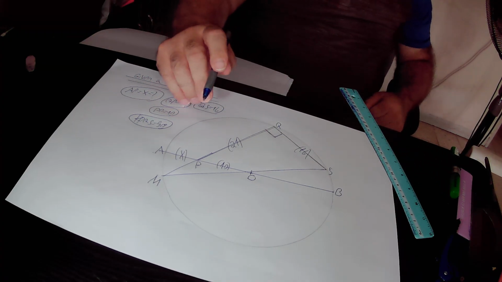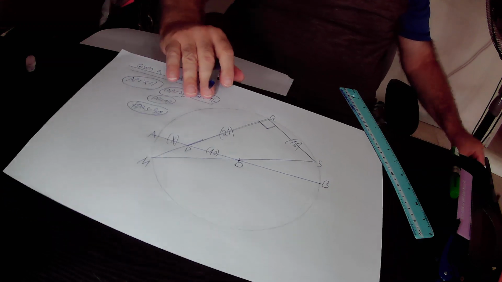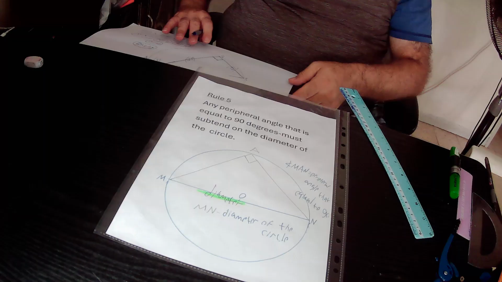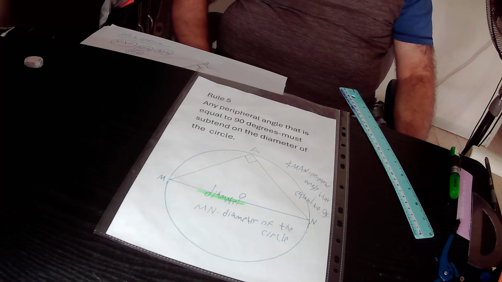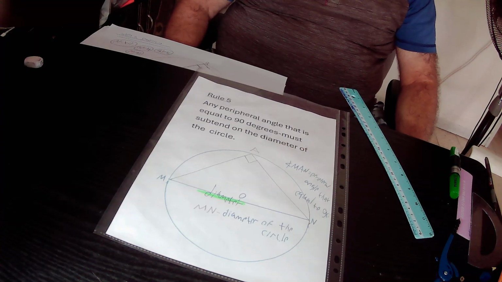So here we can implement rule 5. Let me repeat rule 5 quickly. According to rule 5, any peripheral angle that equals 90 degrees must subtend the diameter of the circle.